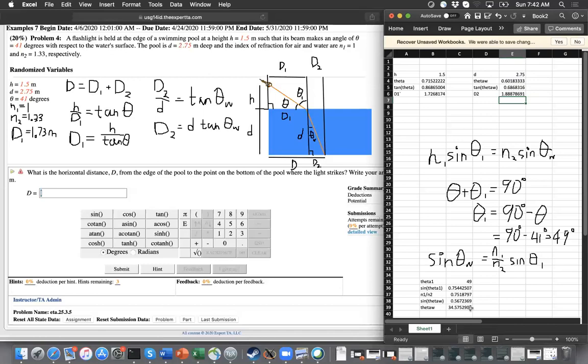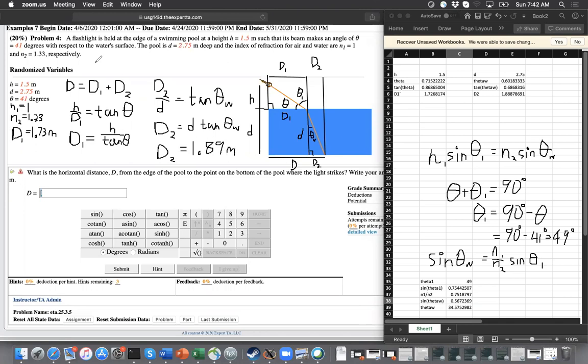Seems a little high. Oh, we'll try it out. So here we get an expression that d2 is about 1.8 meters.